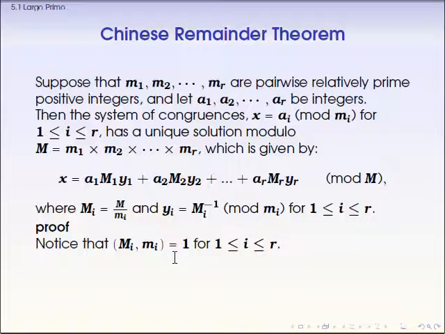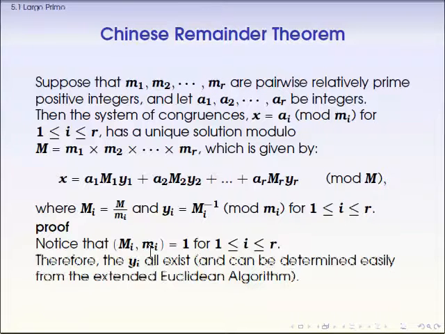Okay, let's try to find that number x. First of all, clearly capital Mi and small mi are relatively prime, because capital Mi is M divided by mi, so we are not going to have mi here, and all these mi's are relatively prime to each other. So if you don't have mi in here, then the product of all the other mi's doesn't have any common divisor with small mi.